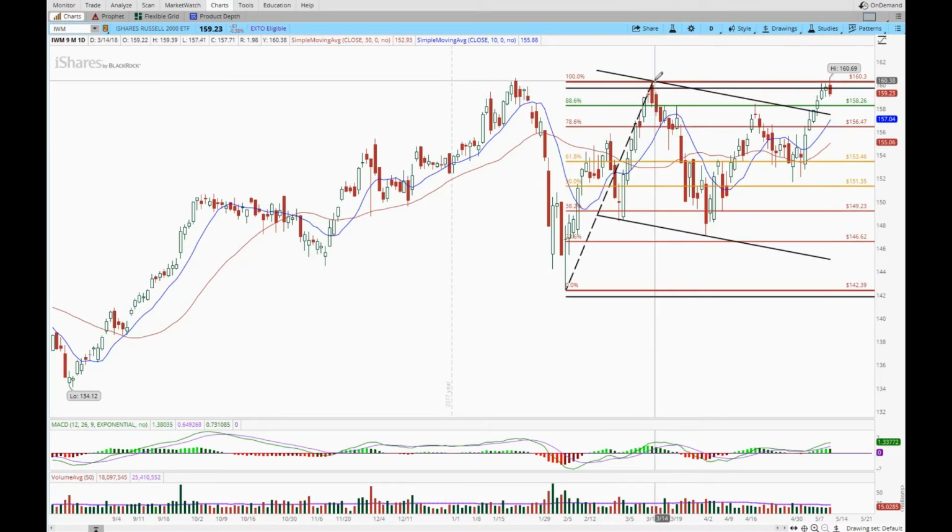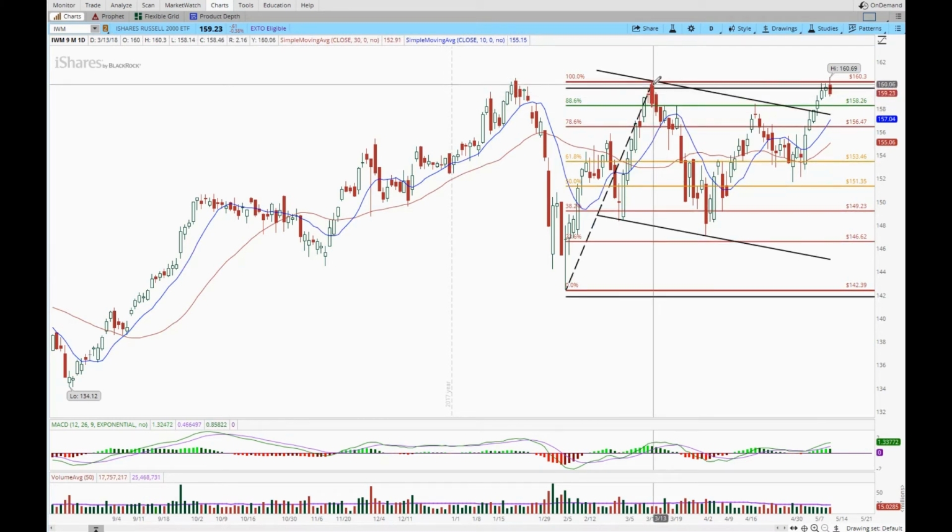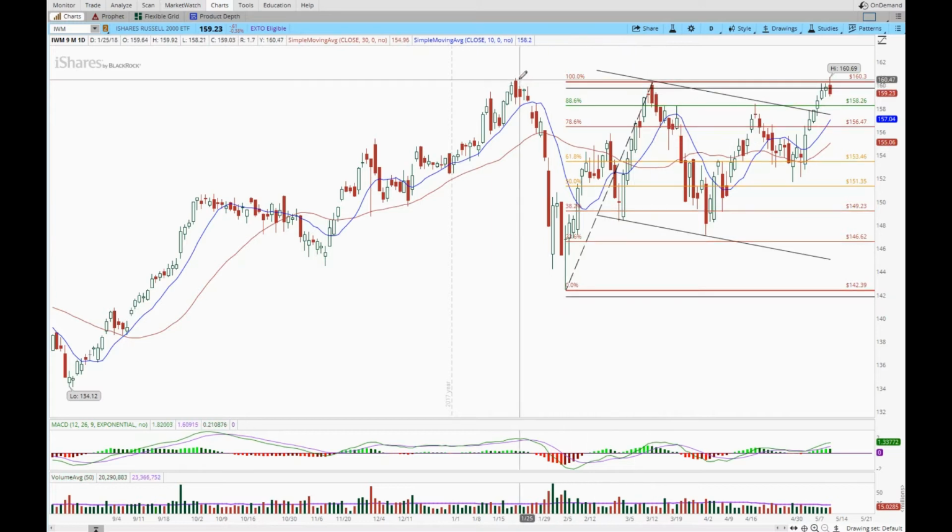I was hesitating to take it above this level, which is the last larger move to the upside. But then I saw this resistance it could face in this area here, and the high of this day is 160.63. 20 cents above this level would be reasonable to take the trade.